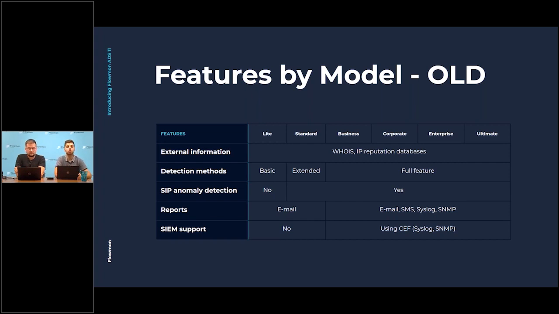We were also separating users of different models by the number of detection methods that we enabled in different versions. So with version light, you had a limited number of detection methods, and if you wanted to go for the full feature set and have all the detection capabilities, you had to upgrade to version business and higher.